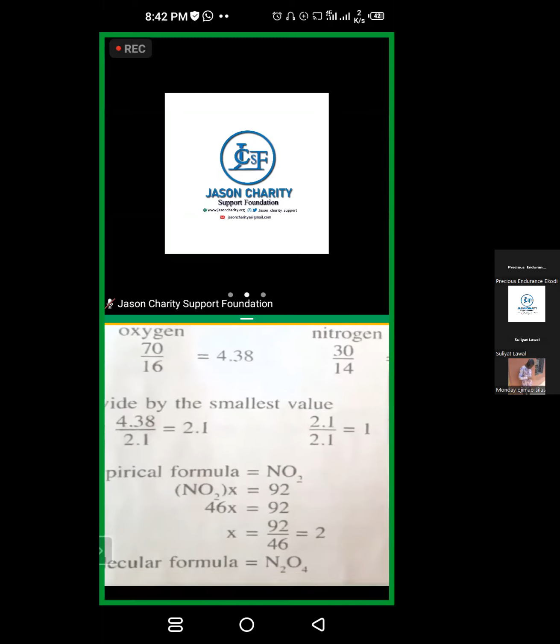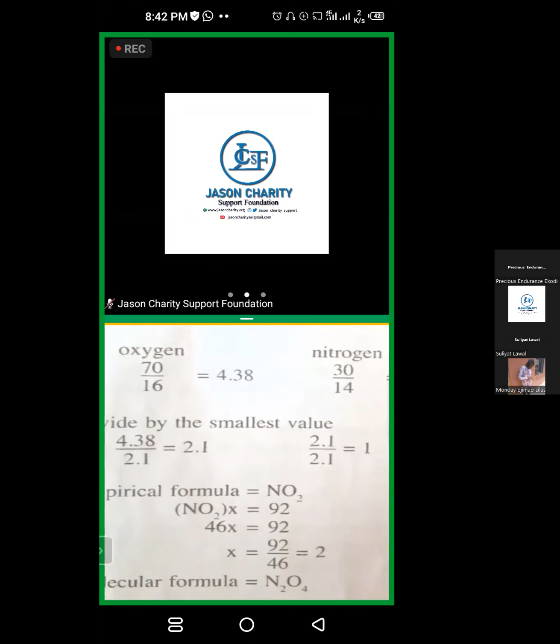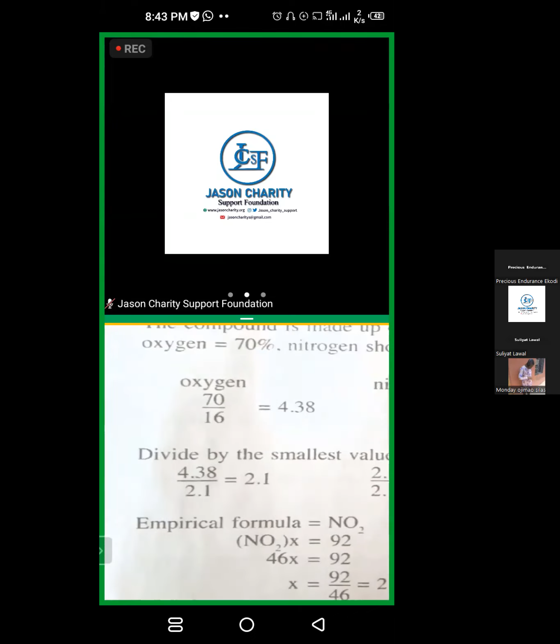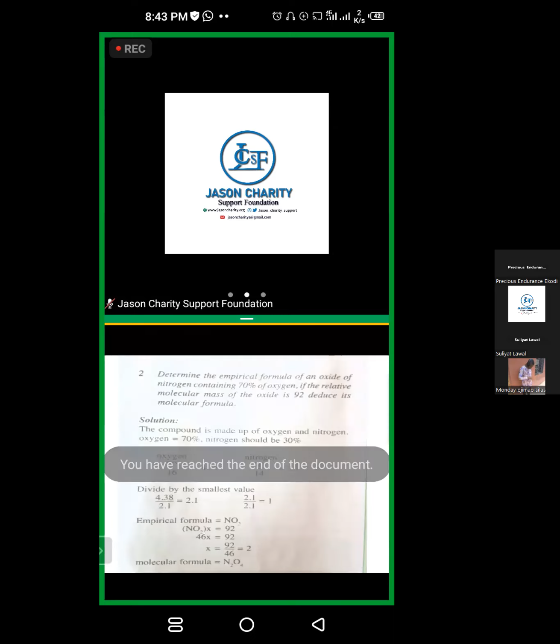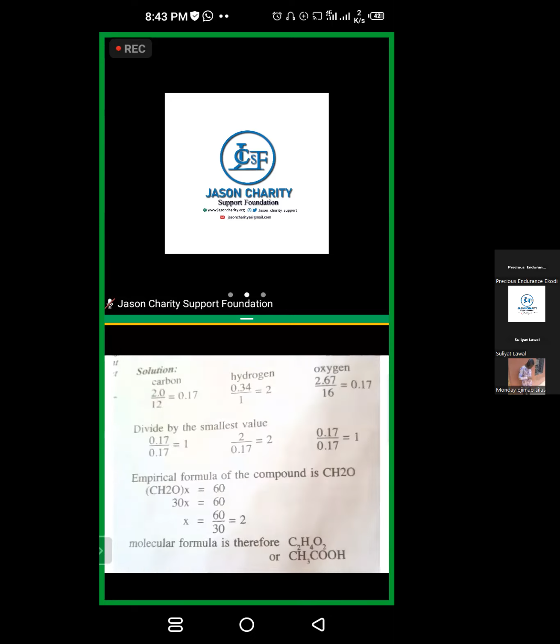So we have 2 times N times O2, that gives us N2O4. So the empirical formula gives you the ratio, while the molecular formula will tell you the exact number of these atoms in the compound. After you've gotten your empirical formula, you should derive your molecular formula. So that's that for empirical.